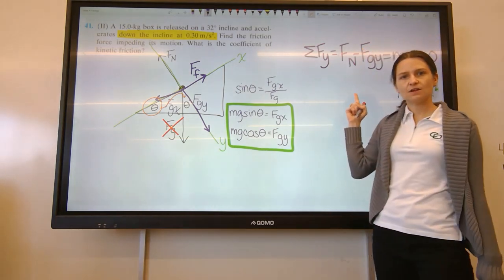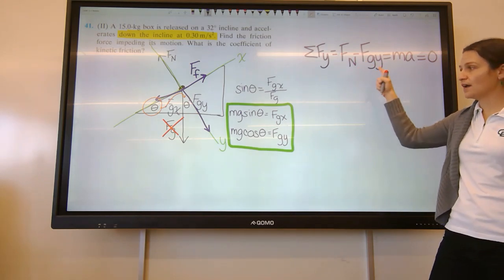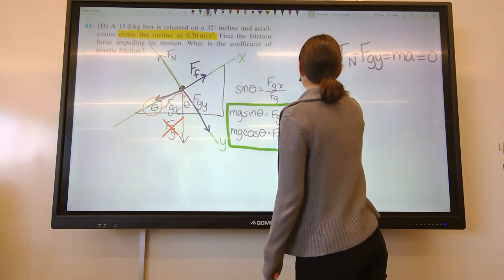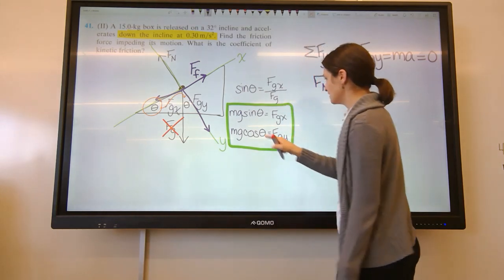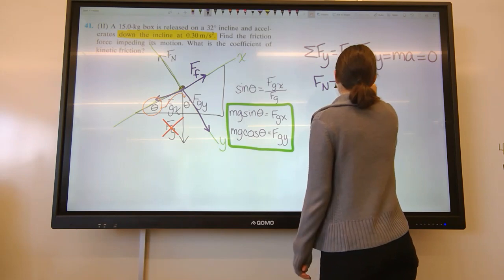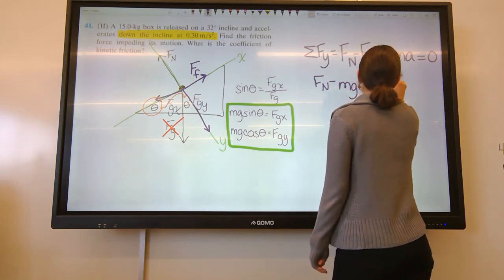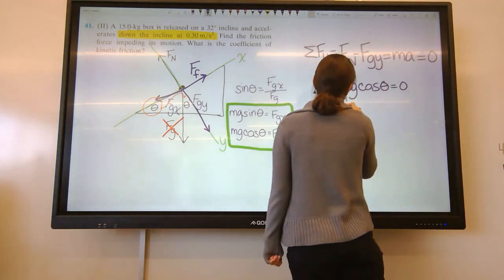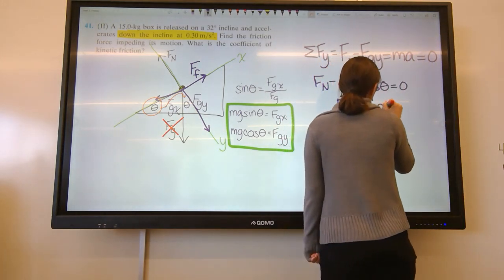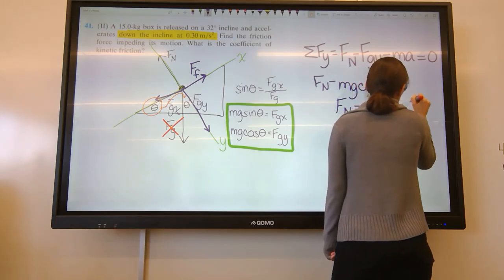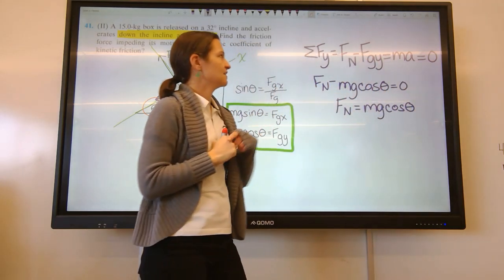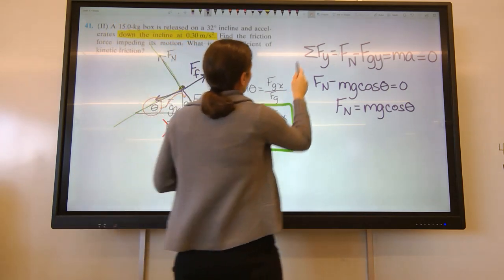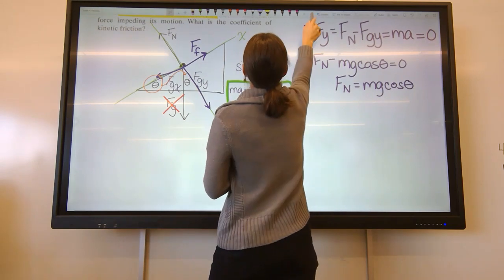I'm going to rewrite this equation, only instead of Fgy, I'm going to replace it with the expression that I found over here. So I'll have Fn minus mg cosine theta equals 0, or another way of saying that, Fn equals mg cosine theta. I just moved the mg cosine theta to the other side. So there's the sum of my forces in the y direction. That was pretty easy. And now I know what Fn is. That's probably going to be helpful later.